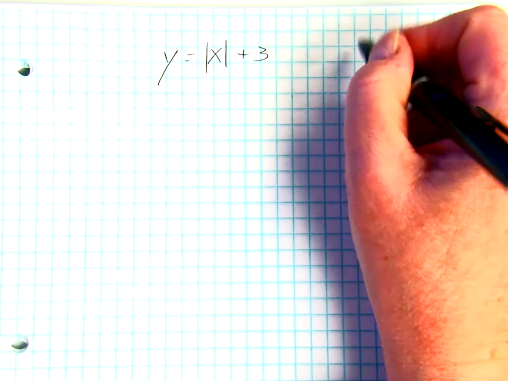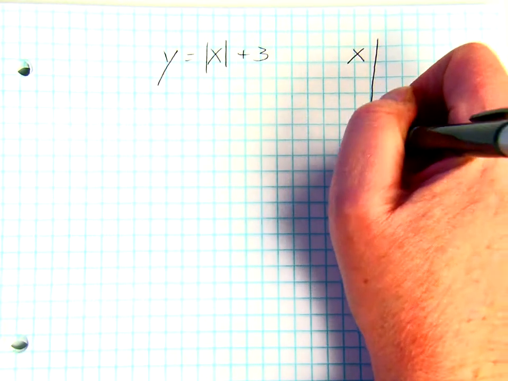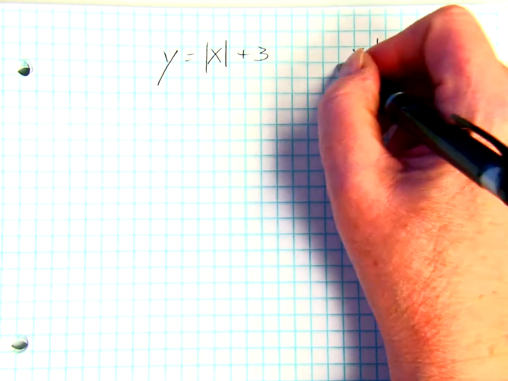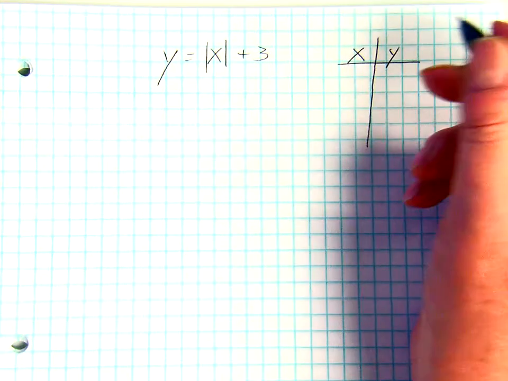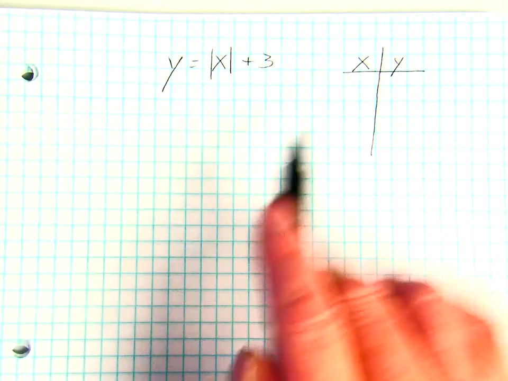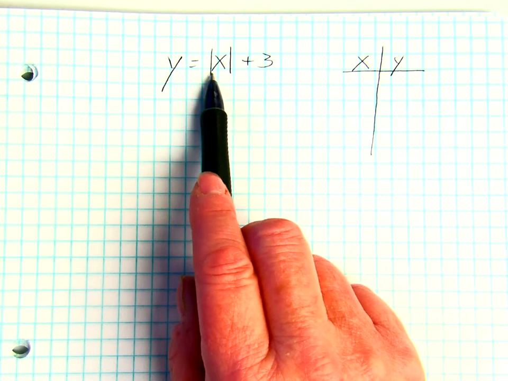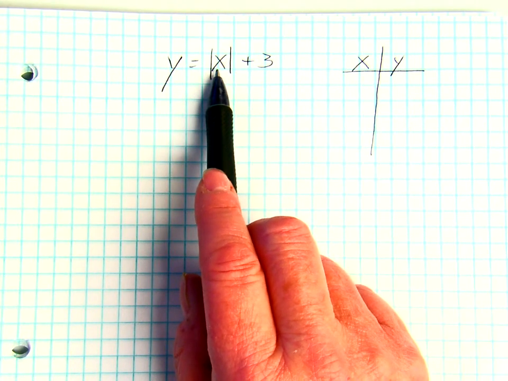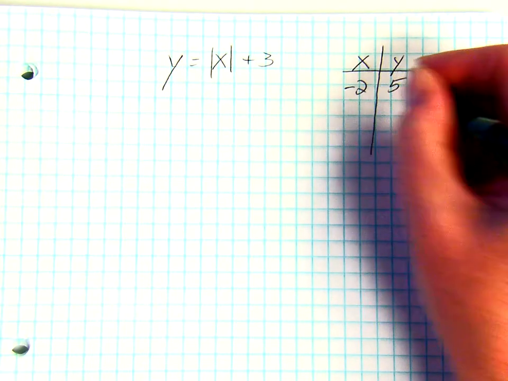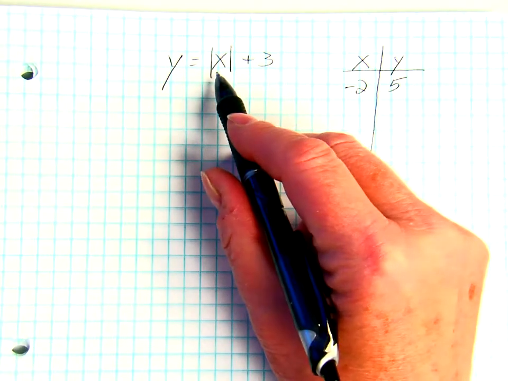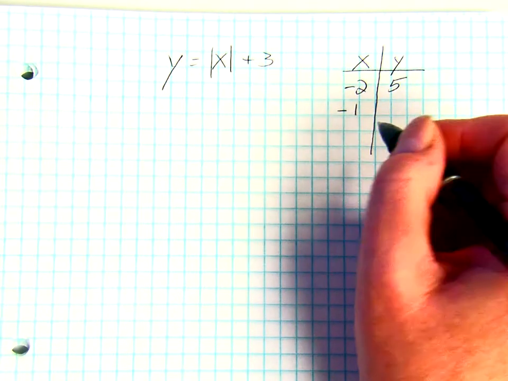So now let's again look at our values, x and our y. So let's say we've got a negative, let's start with our -2. Absolute value of -2 is 2. 2 plus 3 is 5. Okay? And then we'll go to -1.